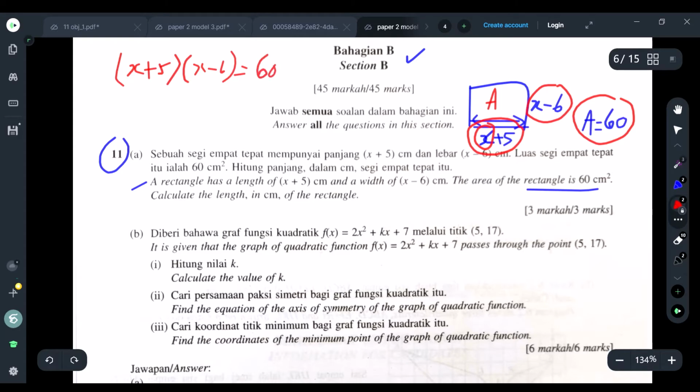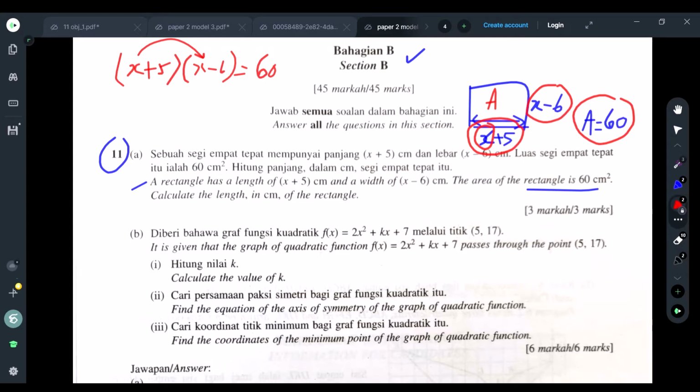So you have one equation here, and you have to expand this.